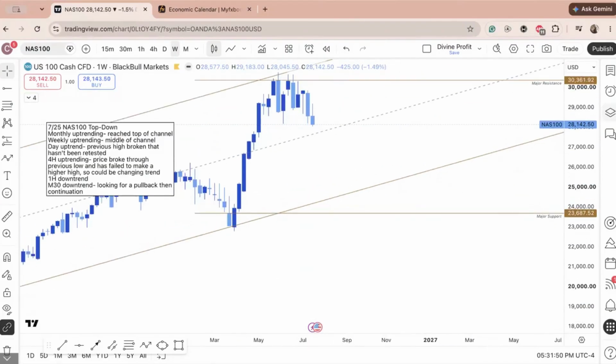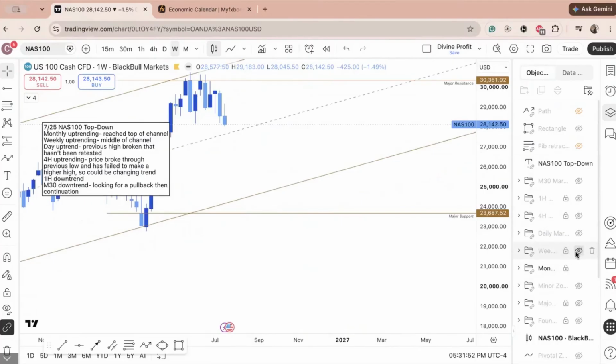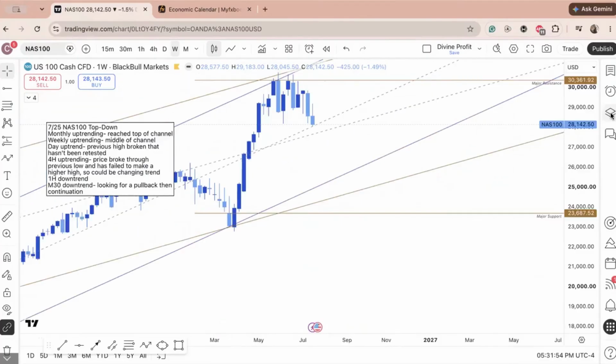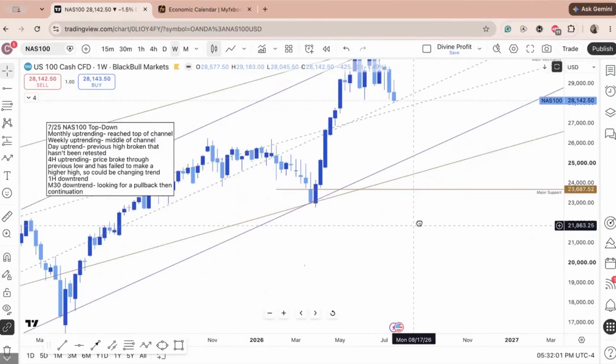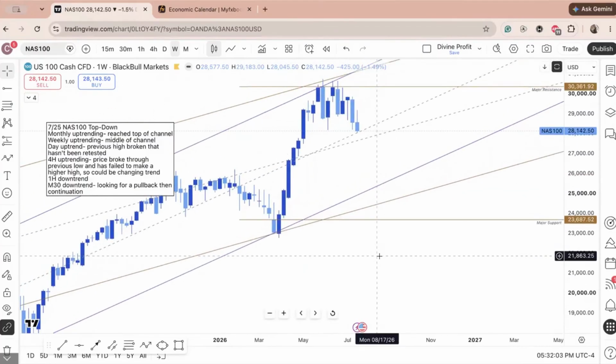So now we're going to drop down to the weekly. For the weekly, we have a pretty similar channel from the monthly and the weekly. And normally when they're this close, I just pick one because I like my charts to be neat. I don't want too much clutter on my charts.